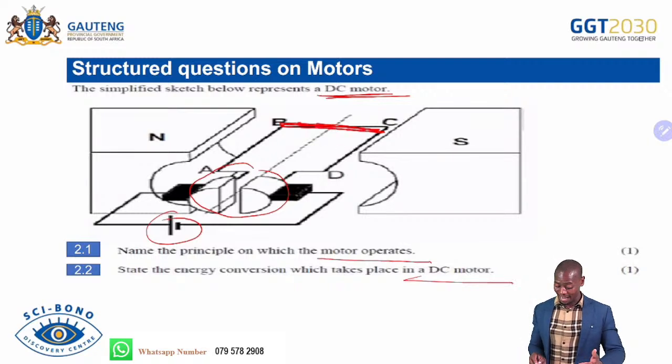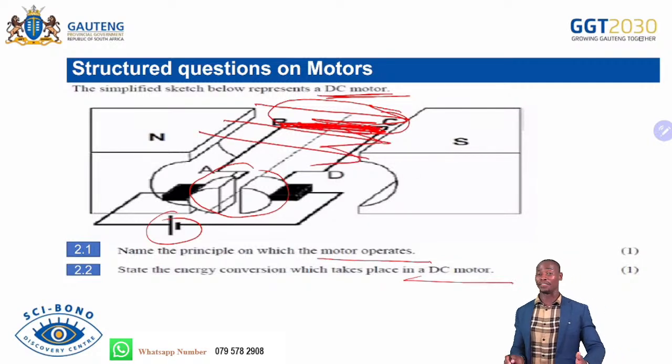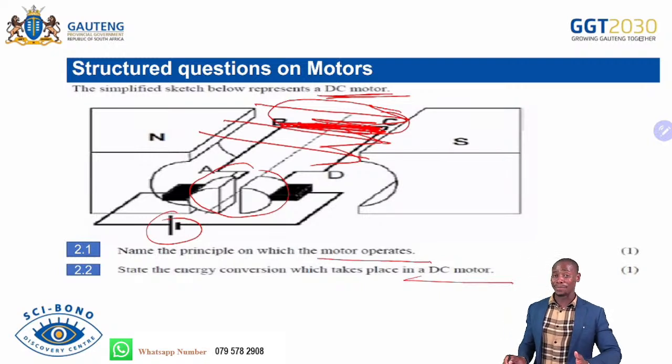But this side won't experience the magnetic force because this side is parallel to the magnetic field. Look, this is the magnetic field, from north to south. Since this side is parallel to the magnetic field, that side won't experience the magnetic force.